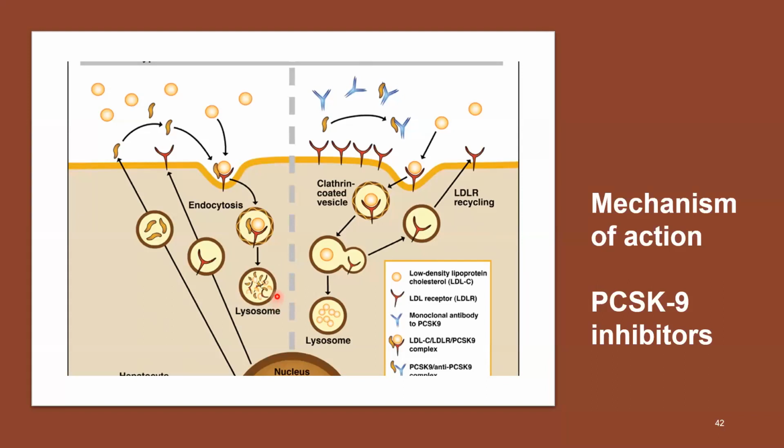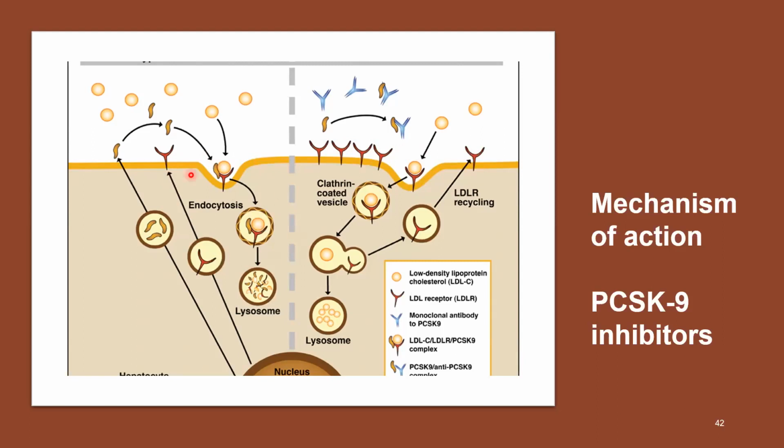All right. But if we use the inhibitors, normally the inhibitors are monoclonal antibodies, so they will bind the PCSK9 first. When they bind the PCSK9, there are no more worms, so the LDL and the receptor very smoothly go inside and the receptor will be recycled, so you end up having more receptors being recycled.